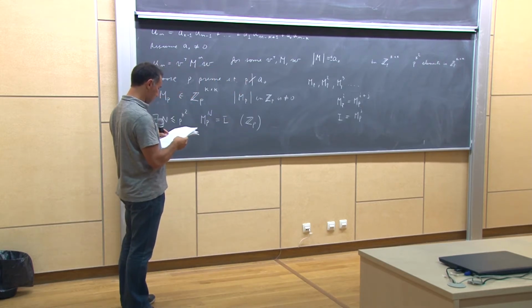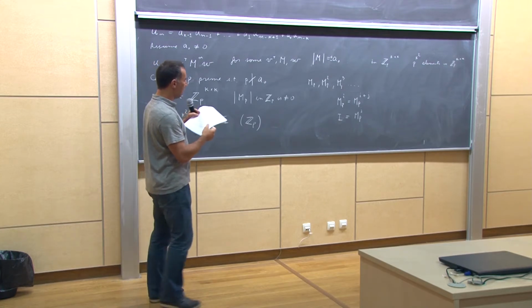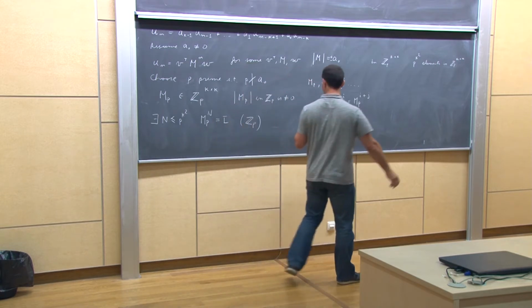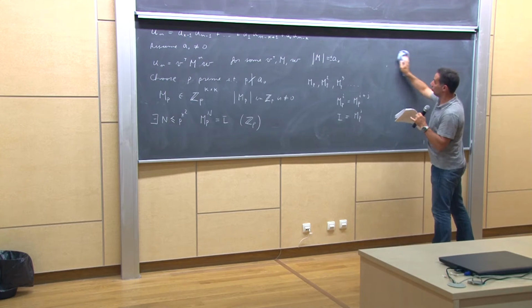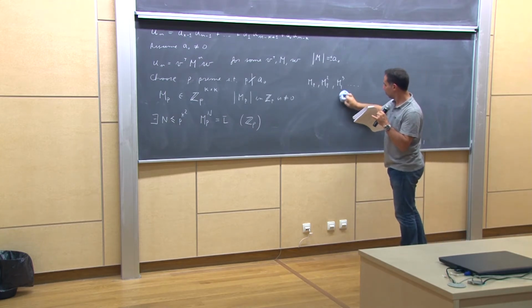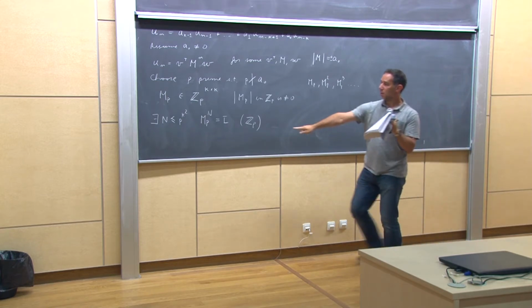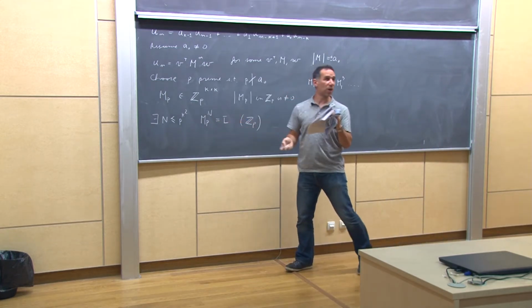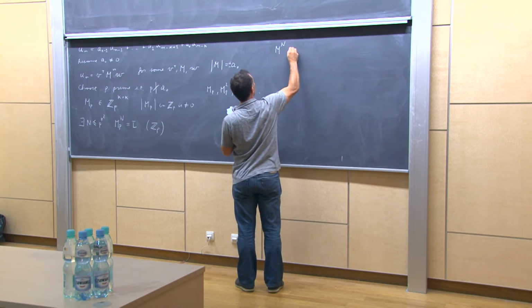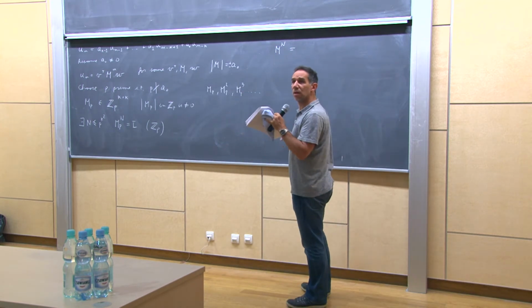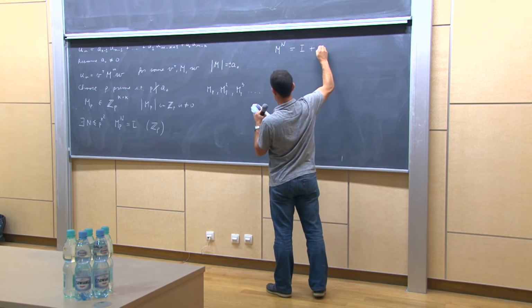Okay? Right. What does that tell me about M? This is M_p to the n is equal to I. So it tells me that M to the n is equal to what? That's right.